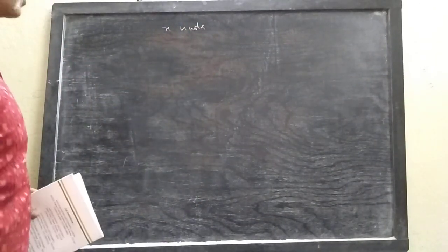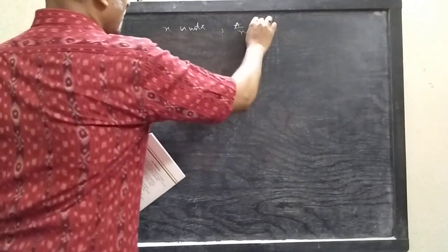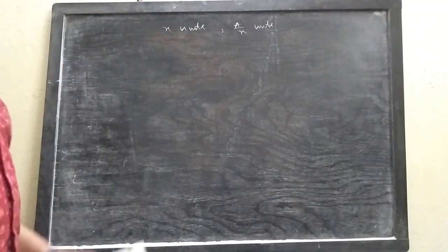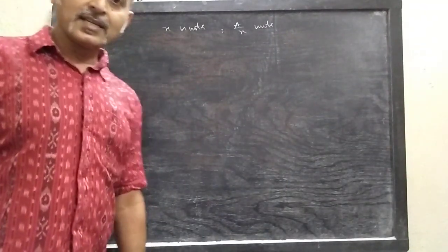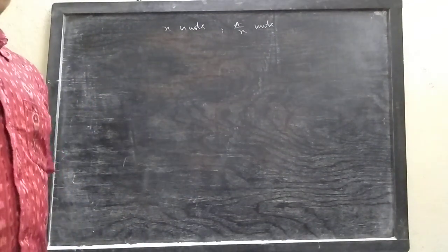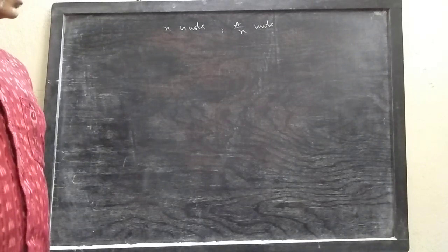Therefore, the length of the other adjacent side will be A by x units, because the product of any two adjacent sides is the area of the rectangle. So if one side is x units, then the adjacent side will be the area divided by that side, that is A by x units.